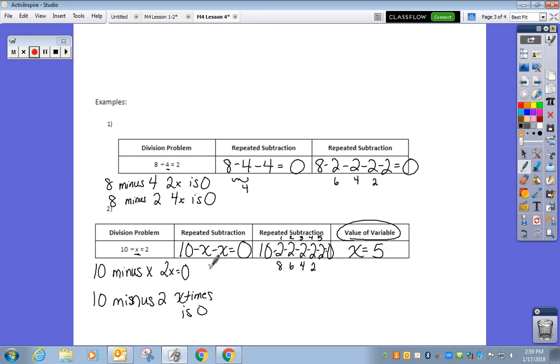If we go back to this, 10 minus 5 is 5, and 5 minus 5 gives us that 0. So it does, in fact, work out. So when you're given a division problem with a variable, you can use the repeated subtraction of the number given to figure out what x is.